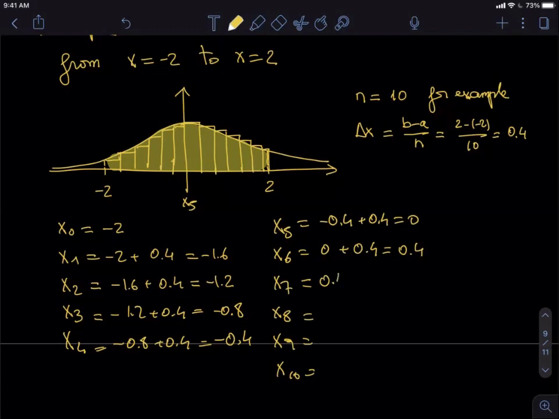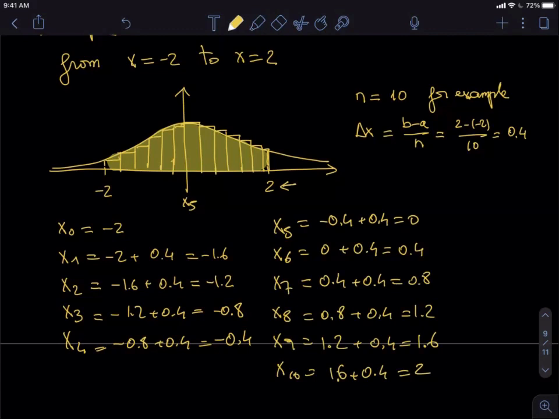So this is 0.4 plus 0.4, that's 0.8. 0.8 plus 0.4 equals 1.2. 1.2 plus 0.4 makes 1.6. And then 1.6 plus 0.4 makes 2, which is the endpoint as we wanted, okay?